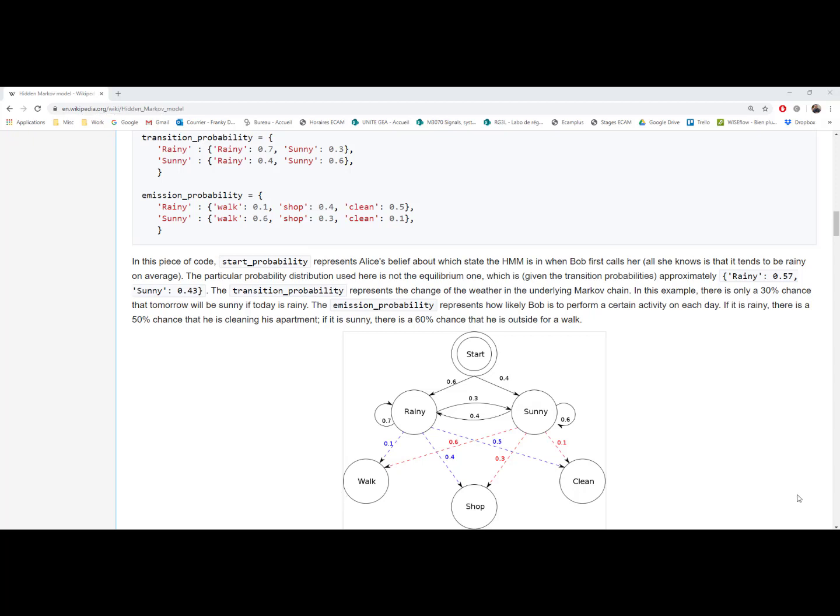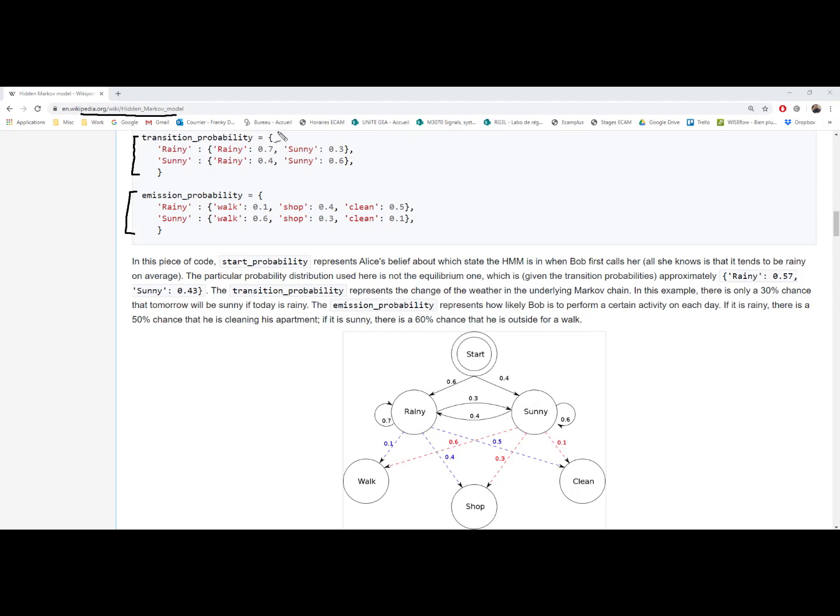Well, the hidden Markov models are probabilistic in nature. So again, there is a state, and there is kind of an observation. I will explain this using this very simple example that I've drawn from this Wikipedia page. So the state here is either rainy or sunny, and there is a transition probability.